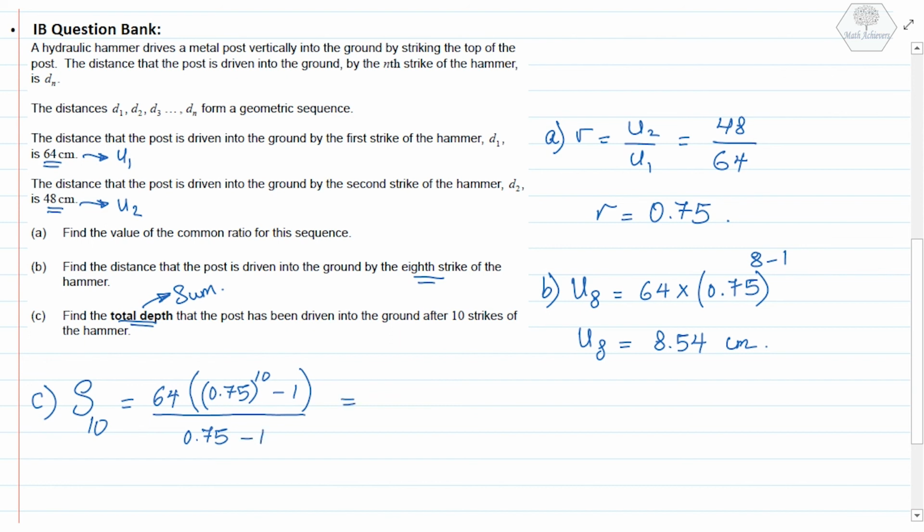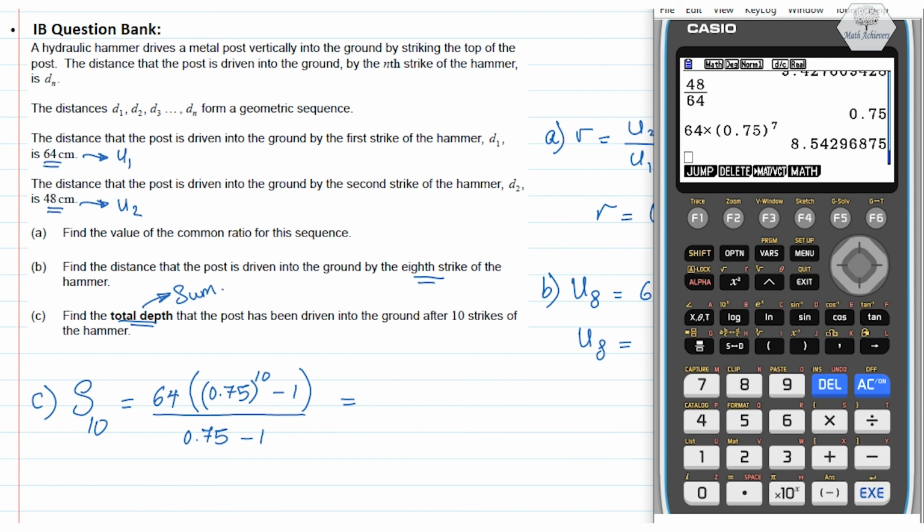To find this value, I'll need to use my calculator. So I have 64 times 0.75 to the power of 10 minus 1, divided by 0.75 minus 1.